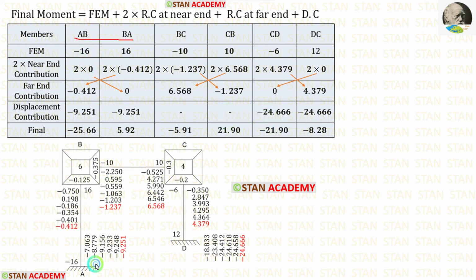For AB and BA, the displacement contribution is minus 9.251. For CD and DC, the displacement contribution is minus 24.666. Now let us add these four values and find the final moments. After adding, we are getting the final moments.